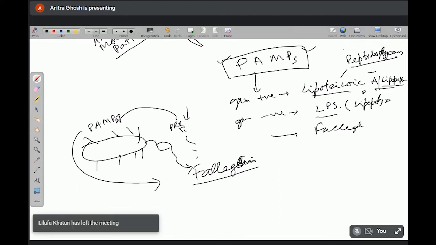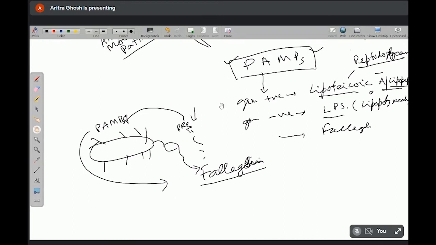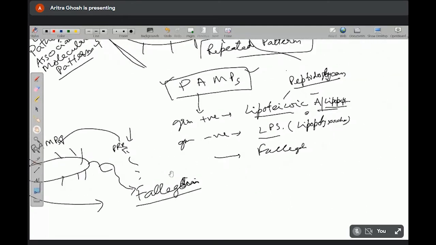Now remember, all throughout life these receptors are basically four types. Number 1, toll like receptor. Toll comes from a honey fly, the name of a gene of a fly is Toll. Toll like receptors, there are many types.